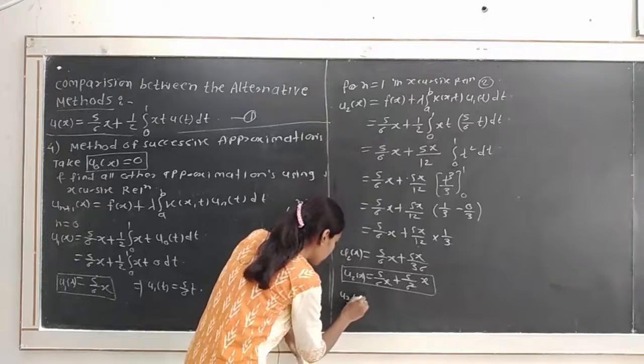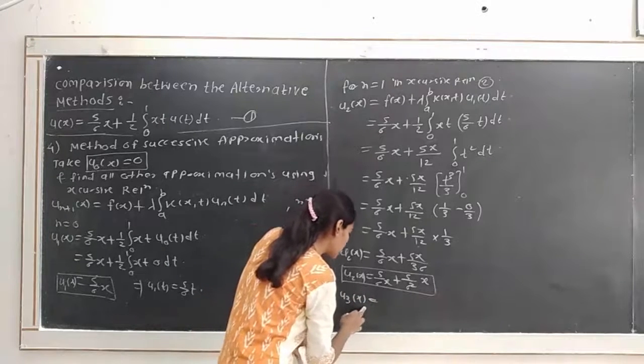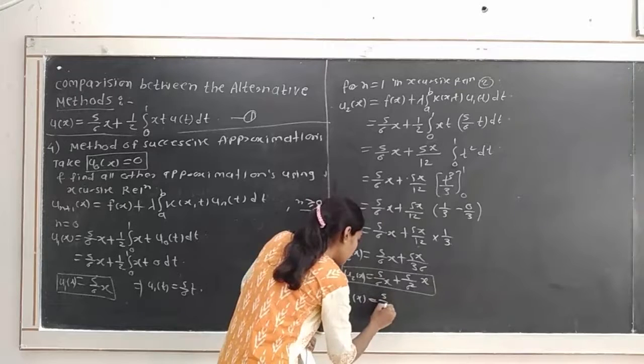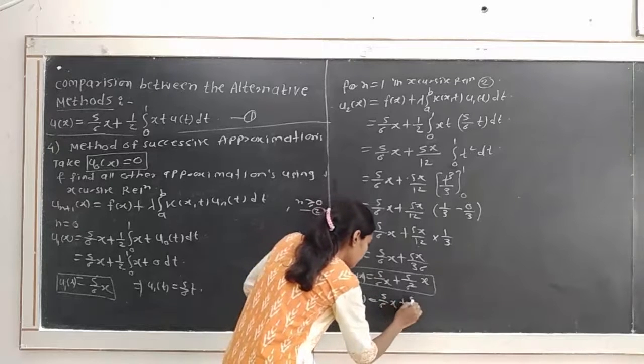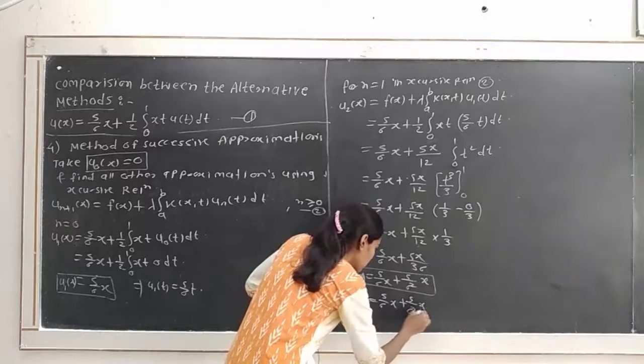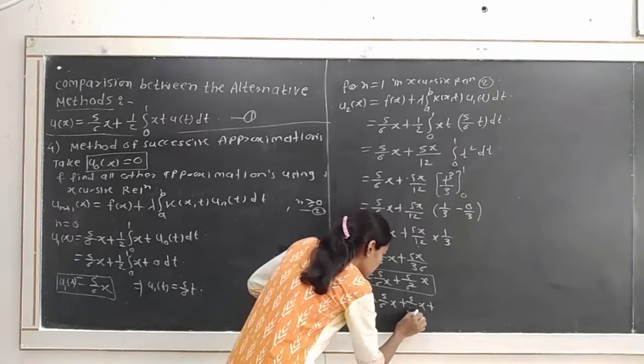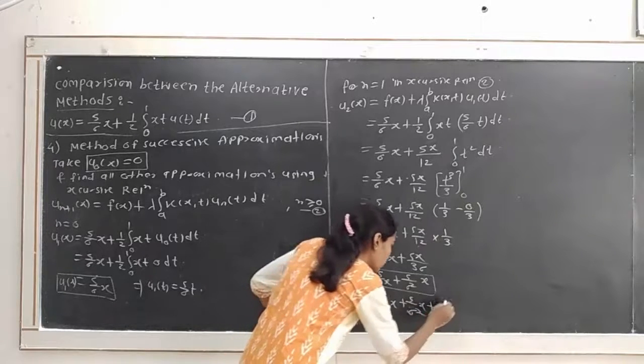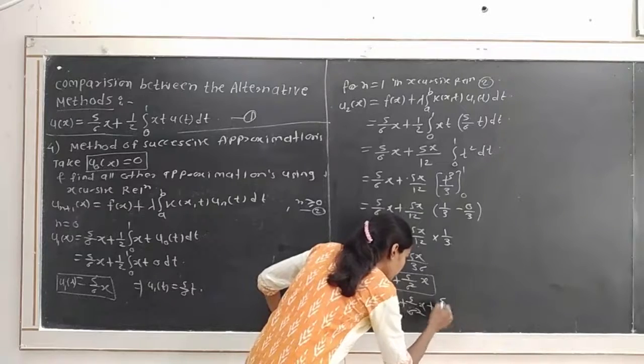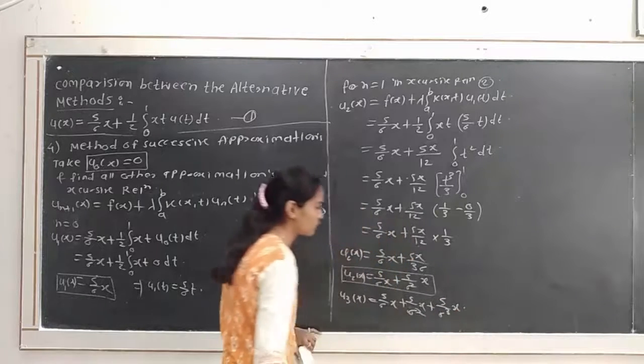If we find u3 of x, the third approximation, we get three terms: 5 divided by 6 into x, 5 divided by 6 square into x, and in the third term 5 divided by 6 cube into x will be added.